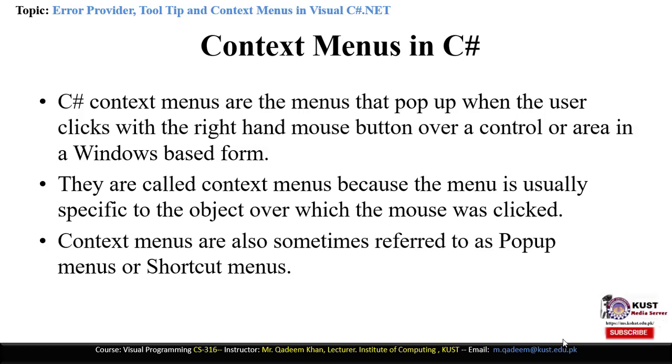So if you want to associate menus with a particular control, you can use the context menu control, and it will appear only on that particular control with which you have associated it. Context menu controls are also referred to as pop-up menu or shortcut menu controls.